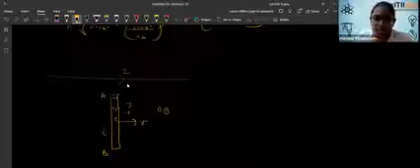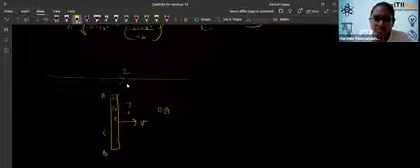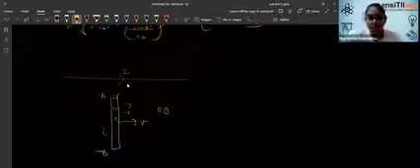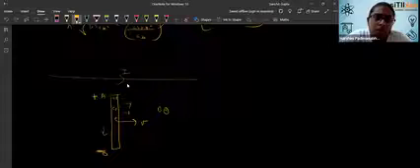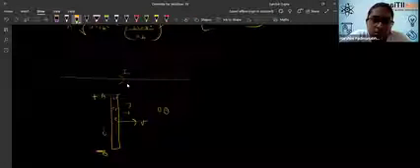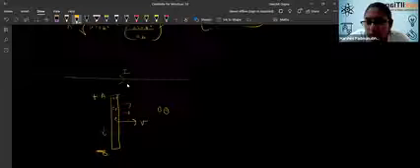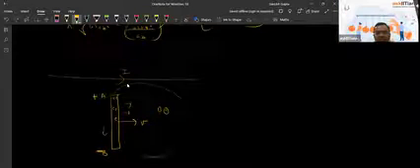Would it be up? For positive charges, it is up, but on electrons, it will be down. So negative charge goes down and positive charge goes up. The potential at A is higher and the potential at B is lower, because the positive charge is placed at A. Current will not flow because this is not a closed circuit.